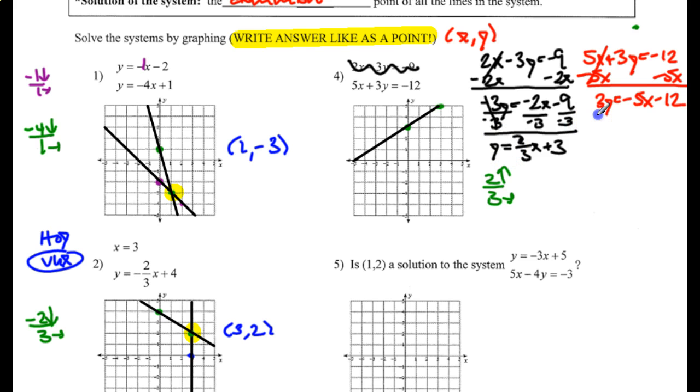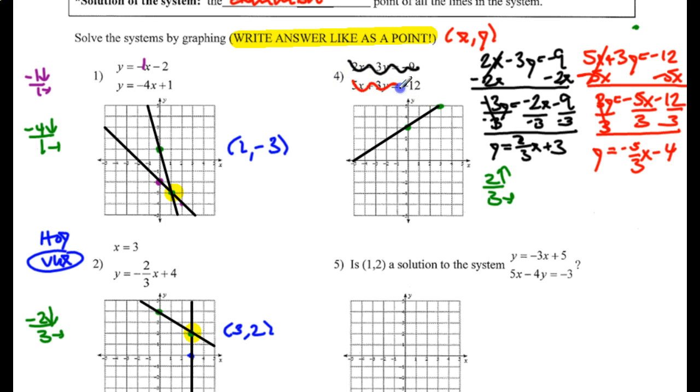Alright, and now divide, because that's the opposite of multiplying by 3. Divide everything by 3. And we have y equals negative 5 over 3x. If you punch that in your calculator and change it back, it comes back to negative 5 over 3. Doesn't change. Negative 12 over 3 is negative 4.